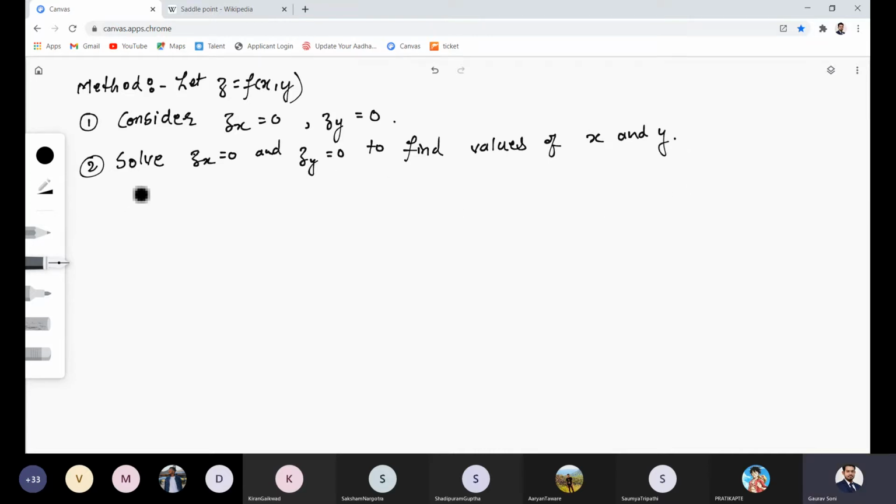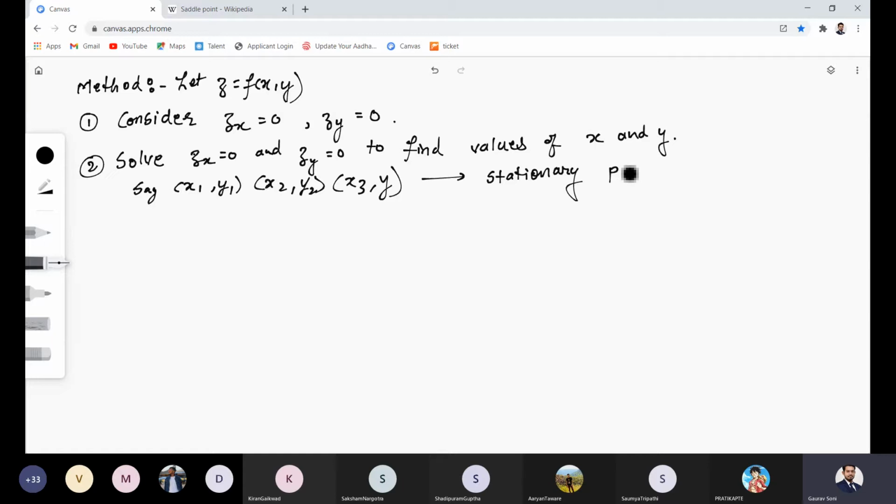Say what we have got is x1 y1, x2 y2, x3 y3. These will be called the stationary points.